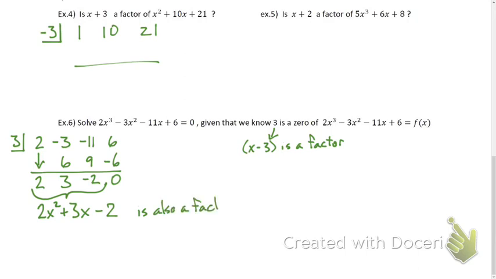That is also a factor. That times x minus 3 gives me what we started with. I'm trying to solve this thing. So if I can factor it completely, then I can know all the zeros.